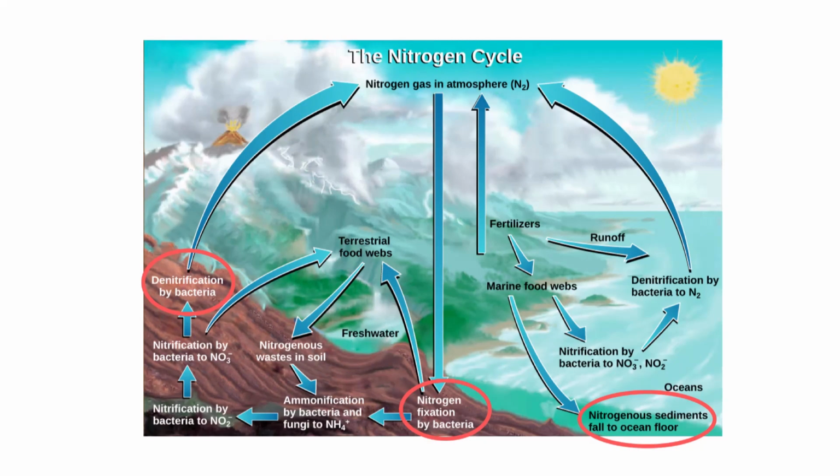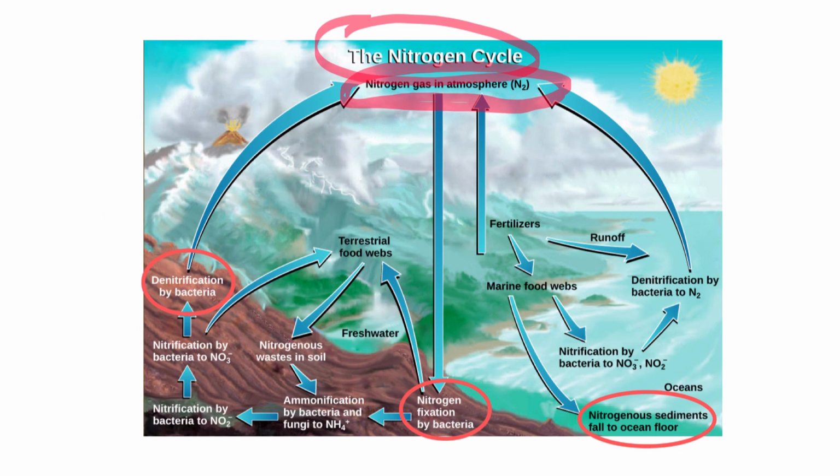So the nitrogen cycle is interesting because actually the majority of gas in the atmosphere is nitrogen, about 80%. And what I've got circled here are major ways that nitrogen is taken into the atmosphere or put back out of the atmosphere.